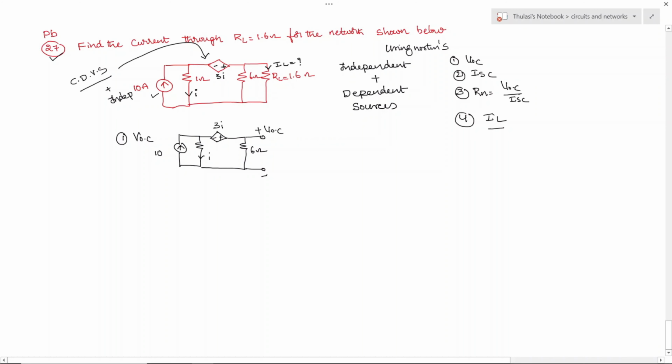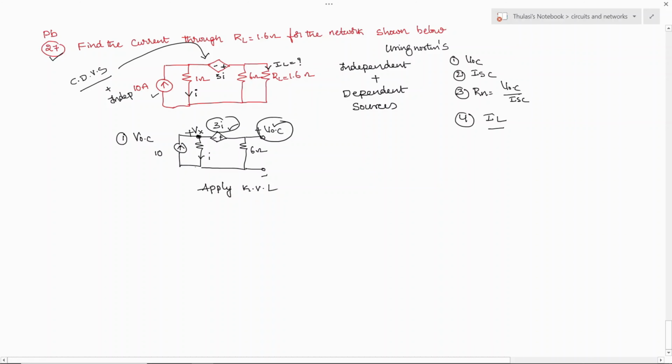You can see here I want a relationship for VOC. This is one voltage source, this is another voltage source. Okay, so I can apply Kirchhoff's voltage law. Let us try to mark the voltage at this point as Vx.